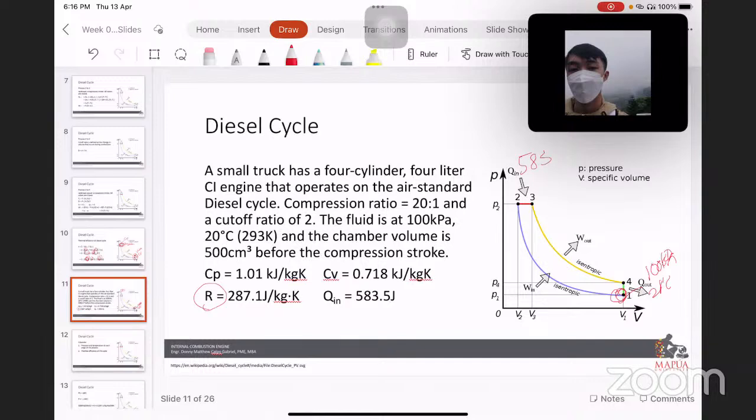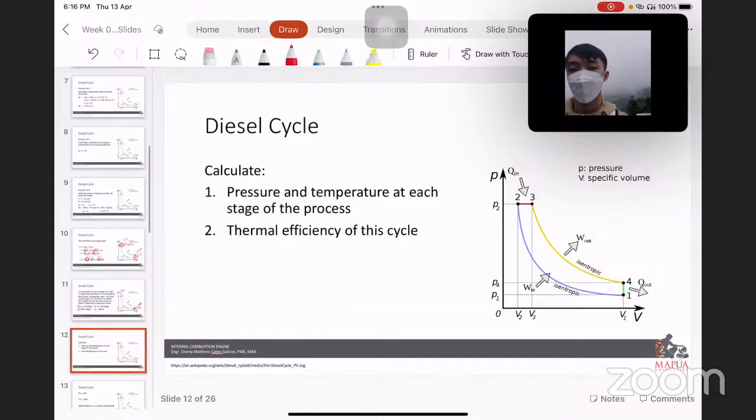So binigay rin sa iyo yung Cp at saka yung Cv. Specific heat at constant pressure and specific heat at constant volume. Question. Ang question ay pressure and temperature at each stage of the process. Saka yung thermal efficiency ng process na to.